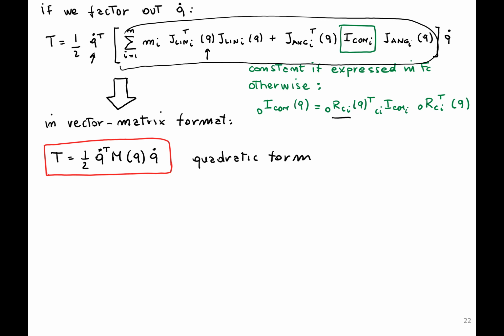So we need a rotation matrix, to match things, and of course the omega will also be expressed in the zero frame. This tensor of inertia will be time varying, because this rotation matrix depends on the orientation of the link.